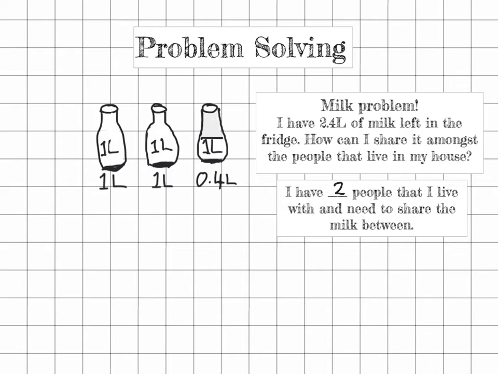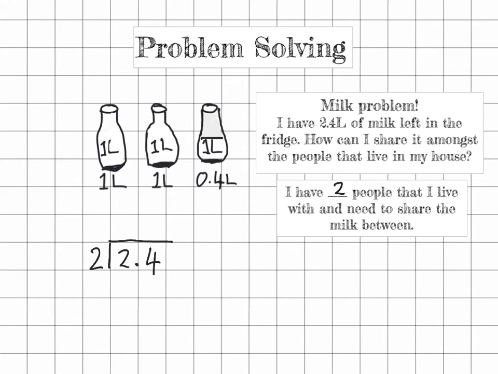So now I've got 2.4 litres, and I've got to share it between 2 people. You're going to share it between a different number of people. You cannot use 2, even if it is only you and one other person that lives at home. You need to find either an imaginary friend, a pet that you'd like to share the milk with. You can't copy my exact answer. So I'm going to work it out now.